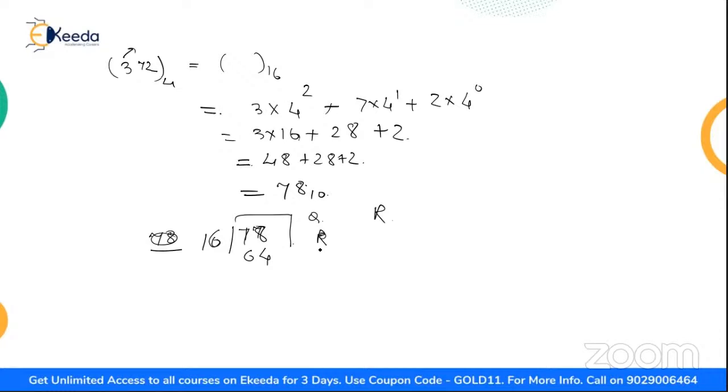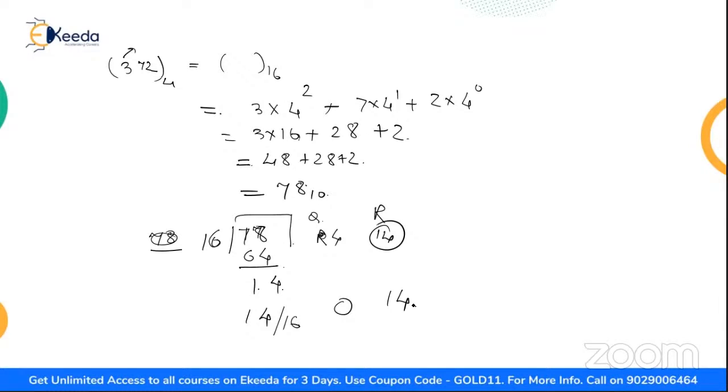Quotient is 4 and this is the remainder. Here 64, remainder is 14. Now you will divide 14 by 16. Quotient is 0. Remainder is again 14.